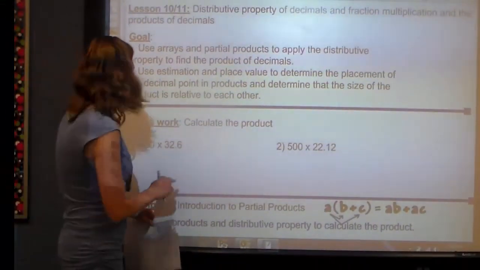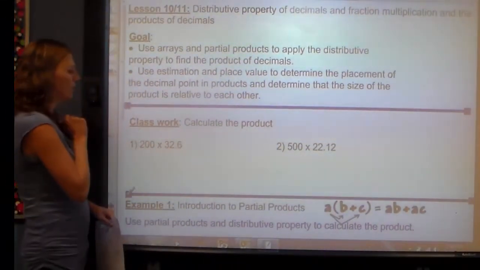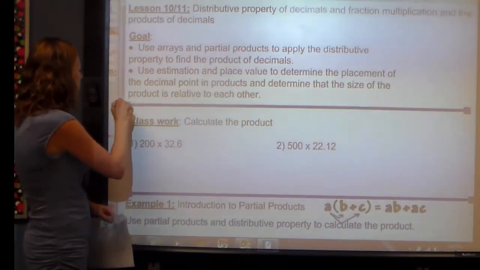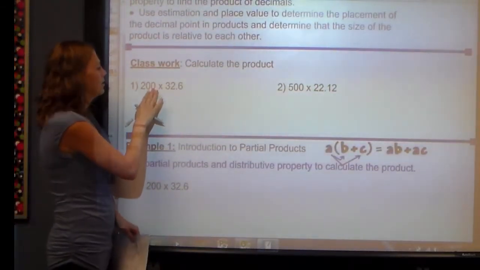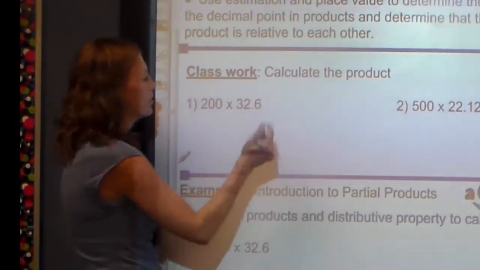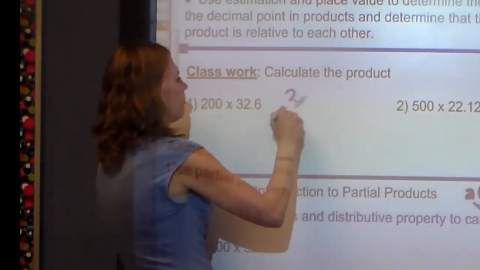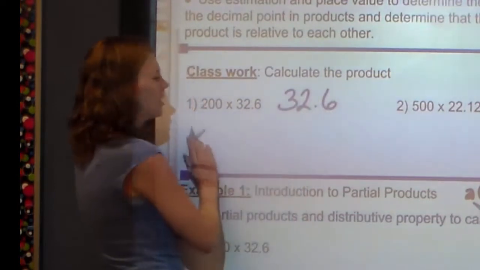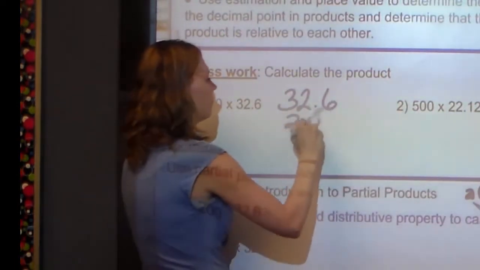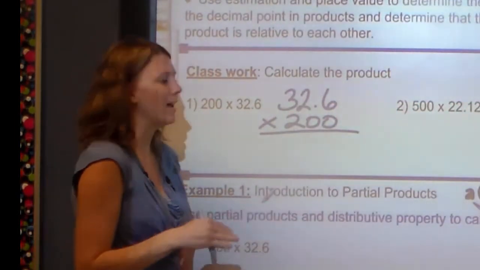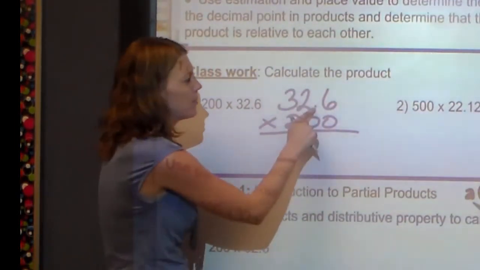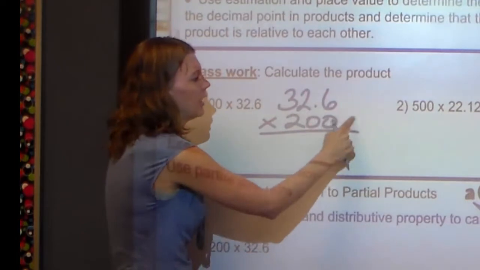To start off the notes, we're going to calculate the product of these two examples here. When I'm multiplying with numbers that end in 0 or multiple zeros, I usually write that number at the bottom, and really what you want to do is line up the number of digits, not the decimal point here. A lot of times people try to add a decimal point and add a 0.